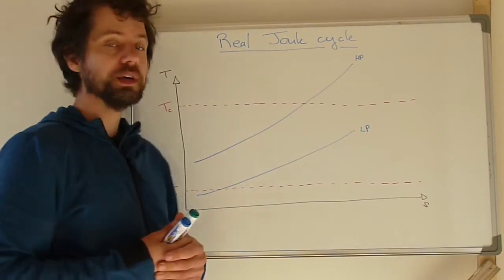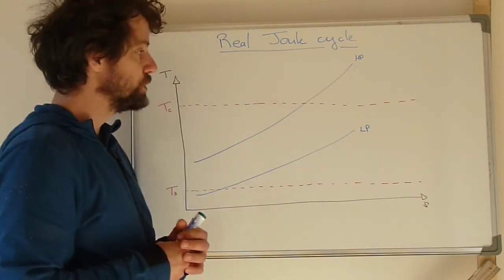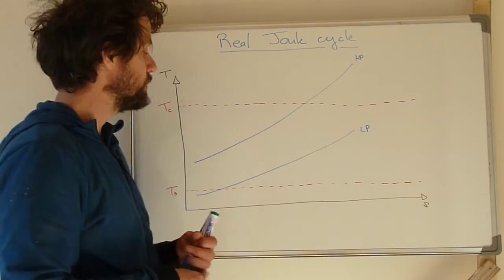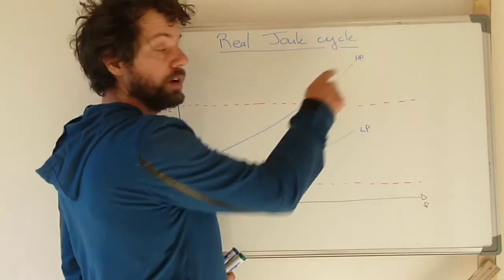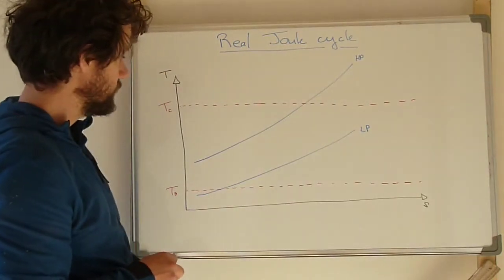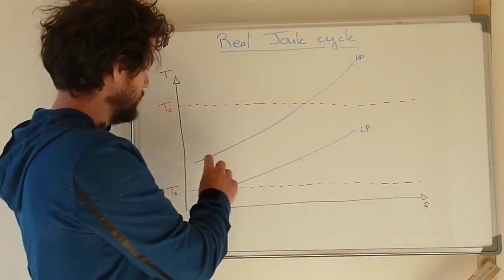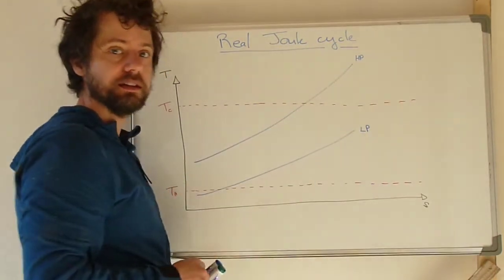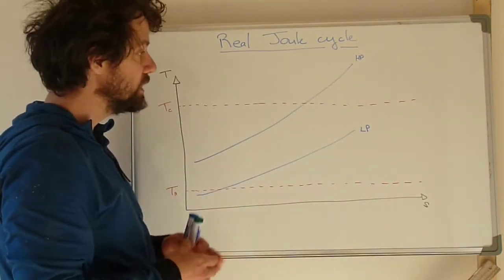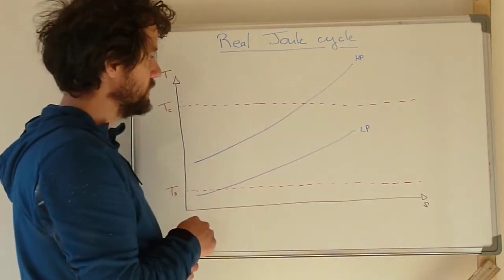So as before, we can first plot the two specific isobaric lines corresponding respectively to the low pressure and the high pressure. So these curves are going up, and we also can see that the spacing between these two lines is increasing when going to higher entropies.